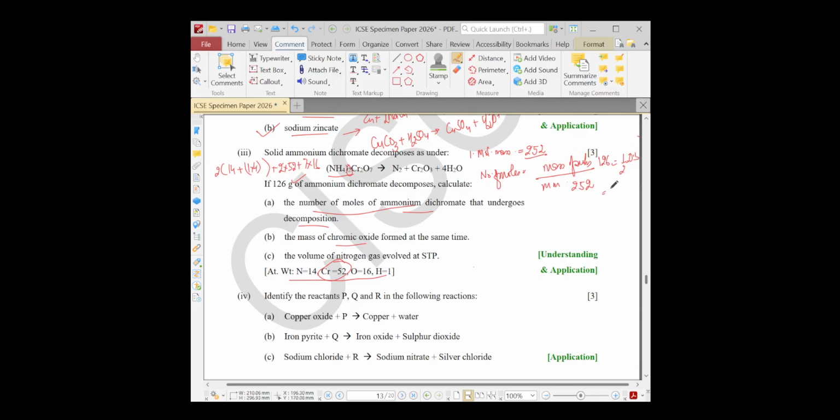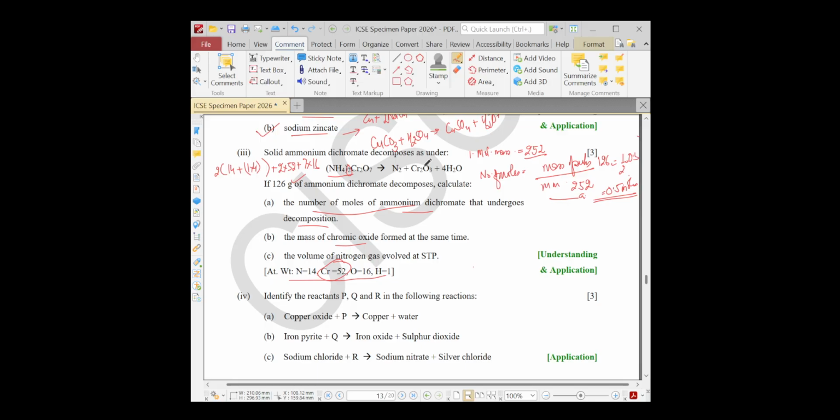So it is 0.5 moles. The number of moles that undergo decomposition is 0.5. This is the answer to the A part. Then the mass of chromic oxide formed. Chromic oxide is Cr2O3. When you are solving, always remember to check whether the equation is balanced or not.